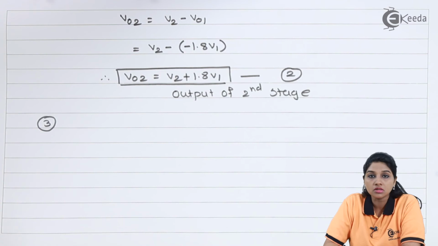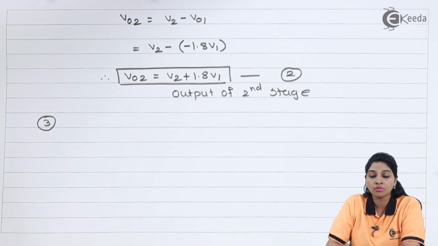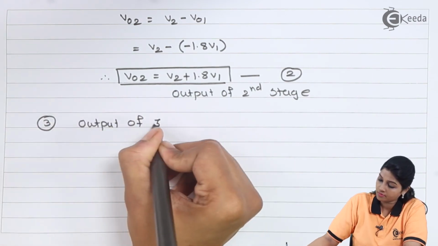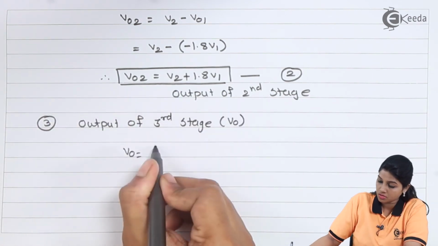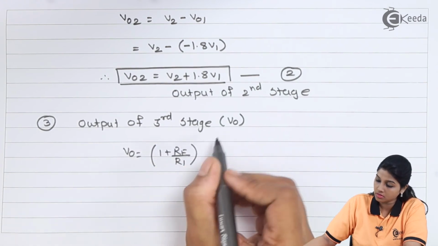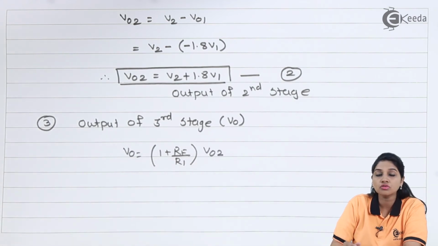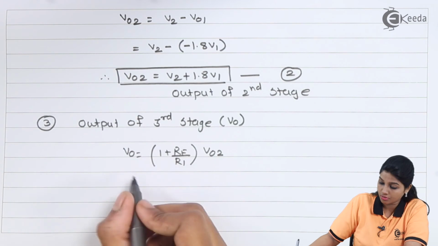Now let's consider the third stage, in which output of second stage is applied to the non-inverting terminal, and therefore the amplifier is similar to the non-inverting amplifier, and in that case the final output VO can be given as VO is equals to 1 plus RF by R1 into VO2, as VO2 is only input which is applied to the non-inverting terminal.